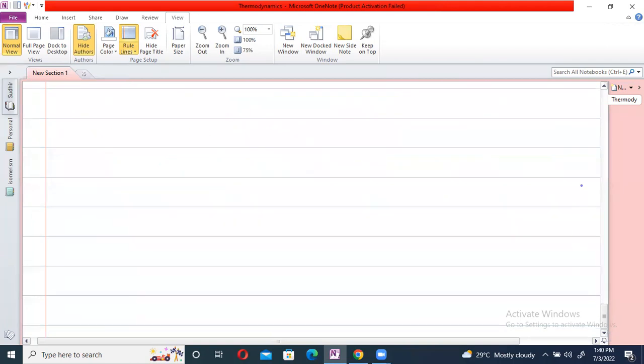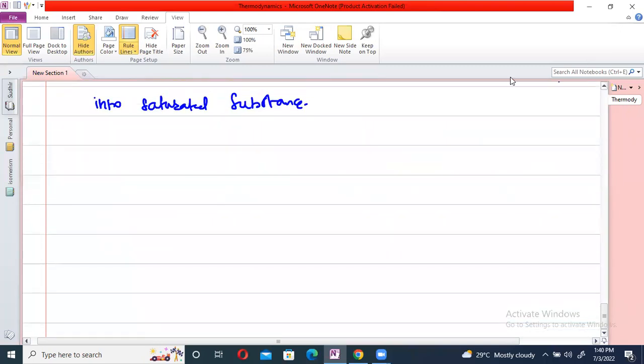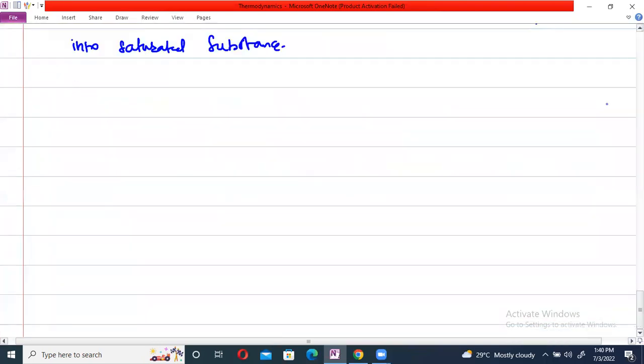For example, an unsaturated substance means a compound containing a double bond or a triple bond.